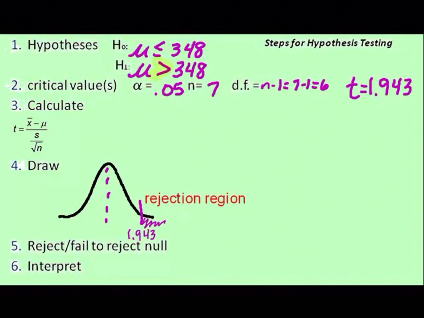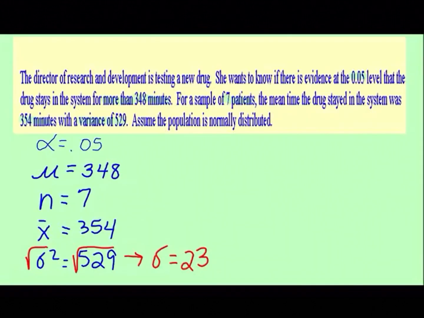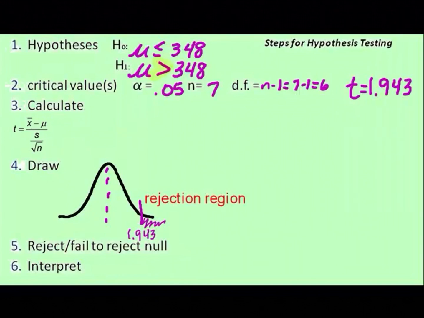So now our calculated t. Let's go back to the data. X bar is 354. Standard deviation is 23. Plugging that in. 354 is our sample mean. Compare that to your best point estimate, 348.